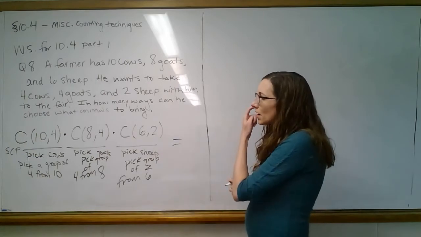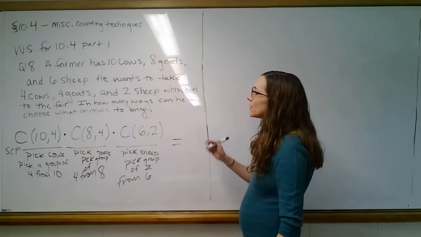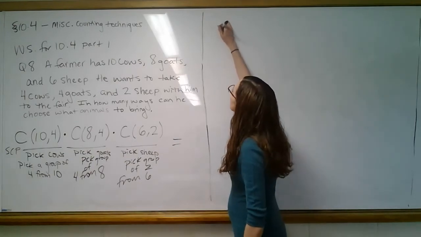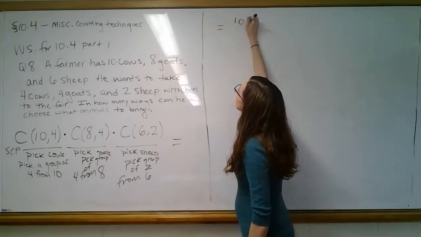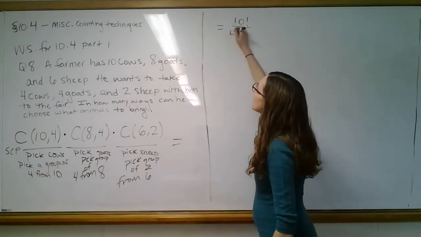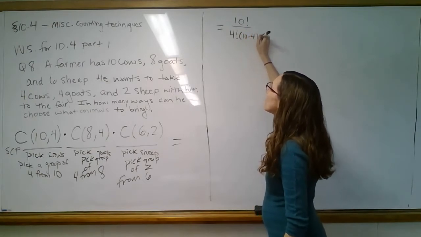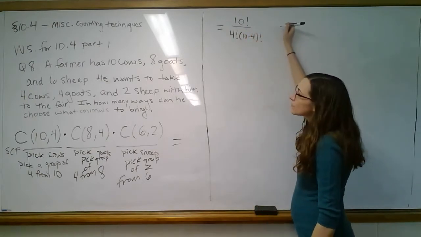So combinations of 10 things, picking 4 of them. In that one, the numerator, we've got 10 factorial on the top. Then we're picking 4 things, so it's going to be over 4 factorial times 10 minus 4 factorial.